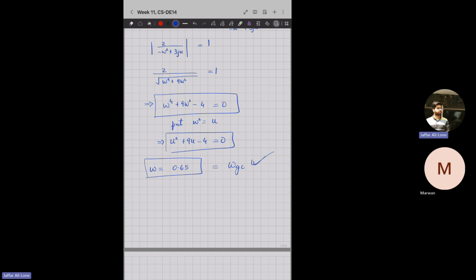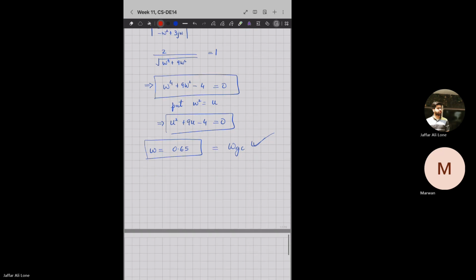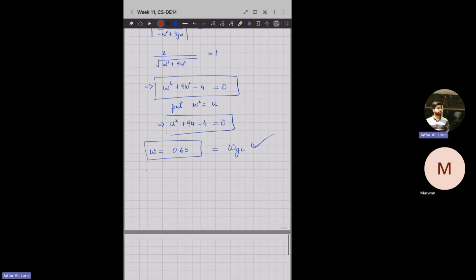So again, if I have to calculate the phase crossover frequency, if in the same question you are asked to find the phase crossover frequency, what will you do? For phase crossover frequency, you know the angle of G(j omega p) H(j omega p) is equal to minus 180 degrees, right?